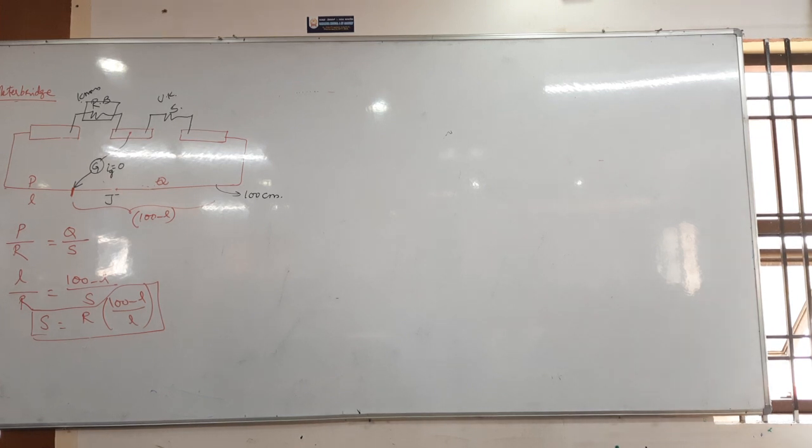At the point where the galvanometer shows null deflection, that length from the left side of the wire is the balancing length.